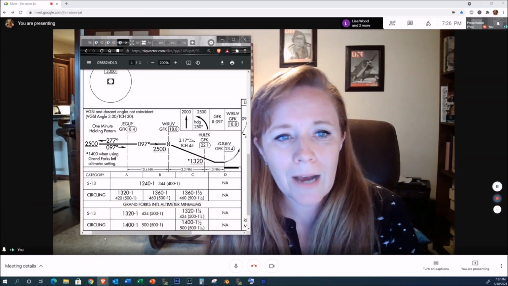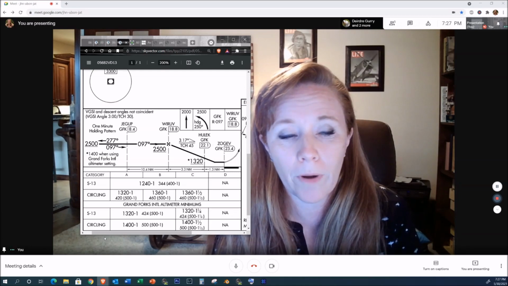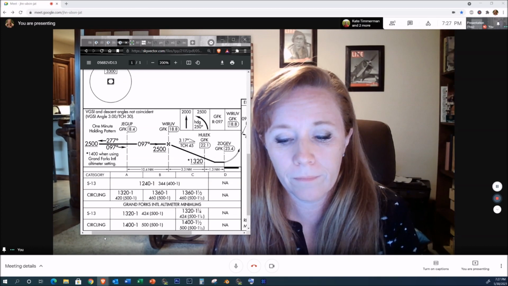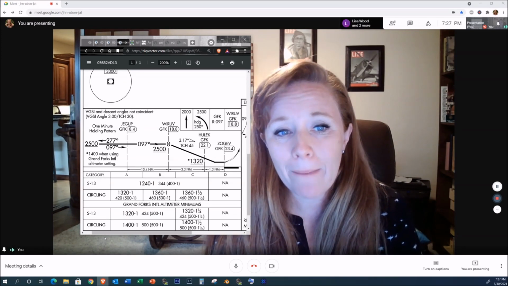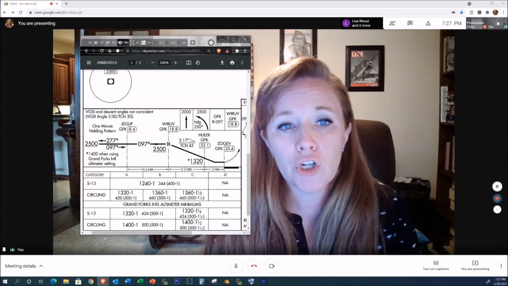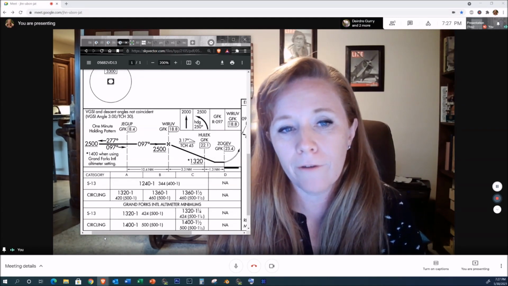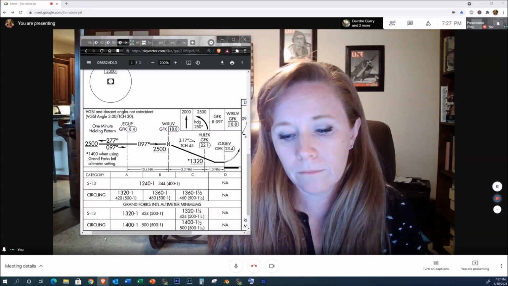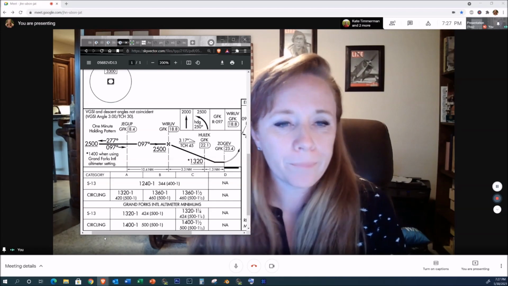Now look up in the top left corner where it says the VGSI angle is 3.0 for a threshold crossing height of 30. So what that's saying is there's PAPIs or VASIs that are shooting up at a 3 degree angle, but that would only get you a threshold crossing height of 30 feet. Okay, got it. Kind of close, yeah.